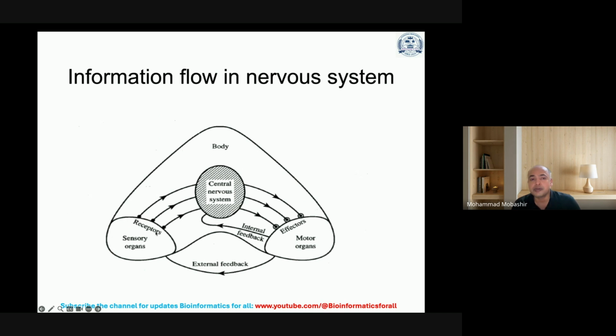So here receptor, sensory organs, then it goes to brain. Here, motor organs, effectors, where the brain sends this information. Then external feedbacks, different feedbacks, internal feedbacks. These are the regular processes of communication between the human brain and the system.